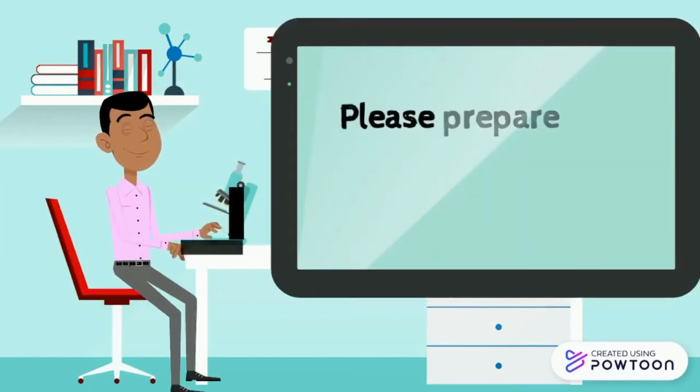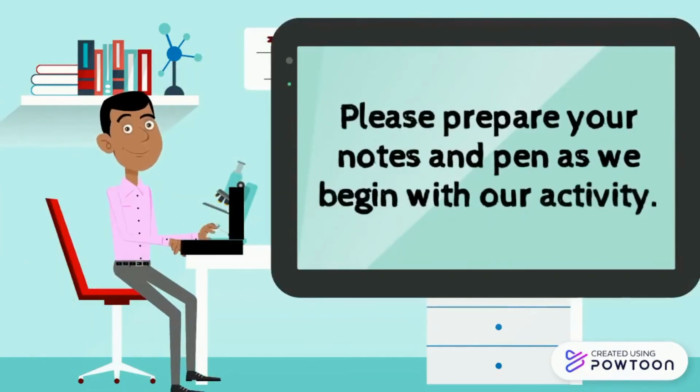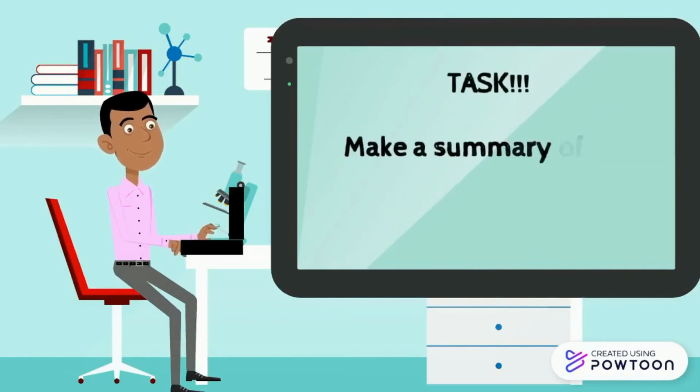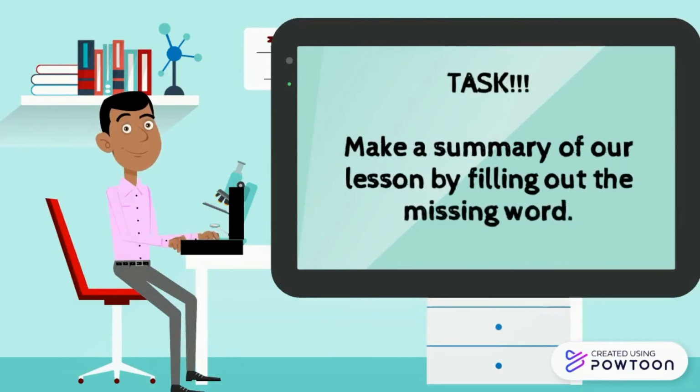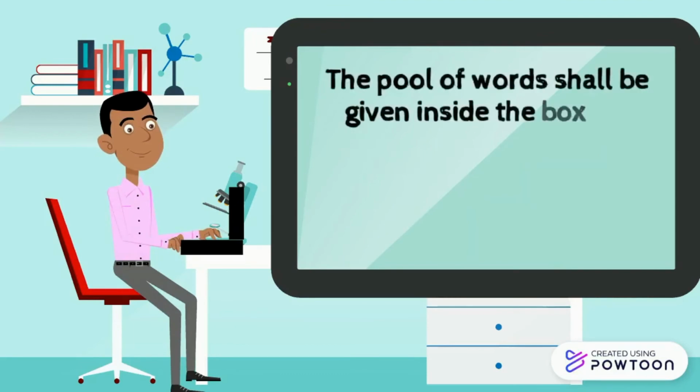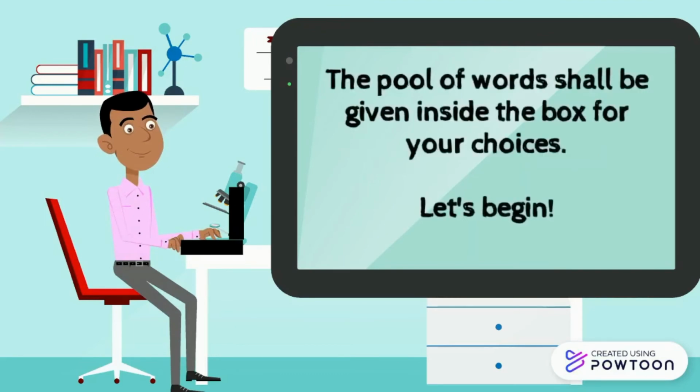Please prepare your notes and pen as we begin with our activity. Task: make a summary of our lesson by filling out the missing word. The pool of words shall be given inside the box for your choices. Let's begin.